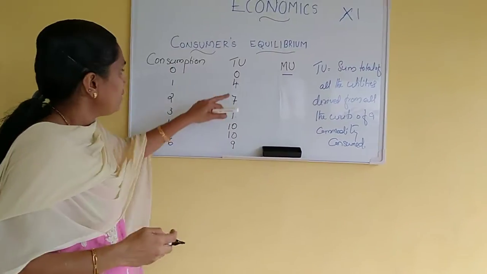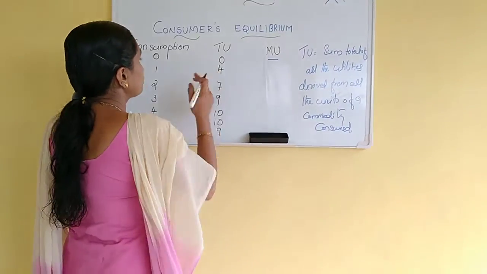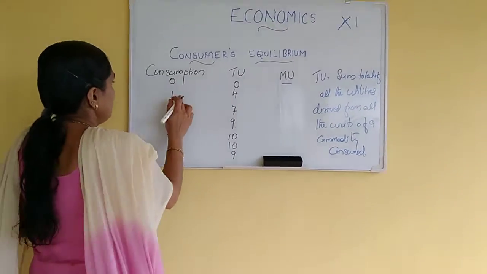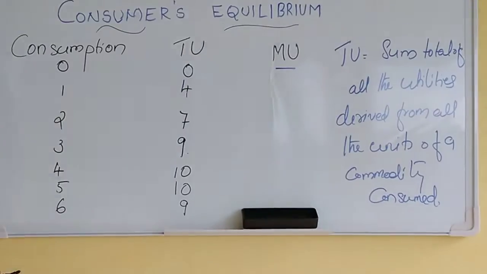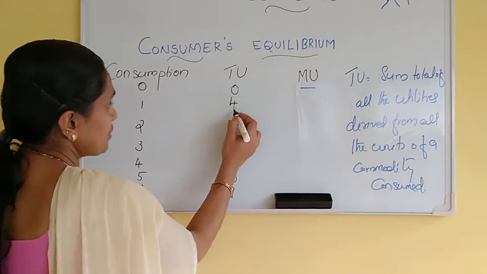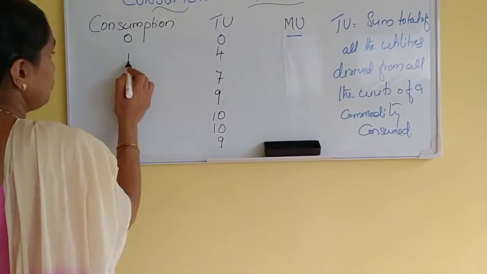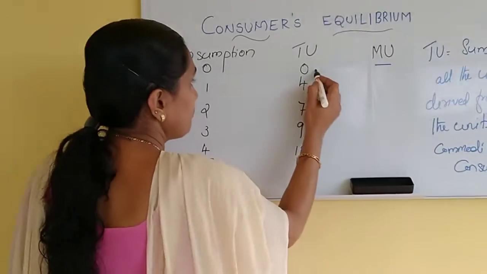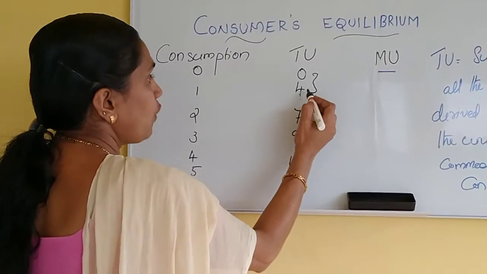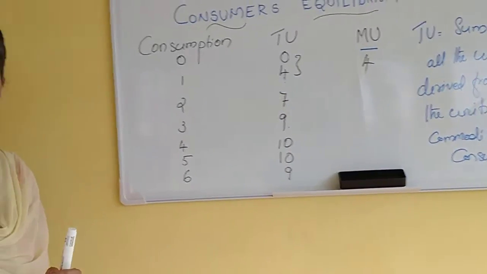Then for calculating the marginal utility, for the first unit of a commodity consumed, the total utility is 4. The difference between the first unit and the 0 units, 4 minus 0, that is 4, that is the marginal utility.